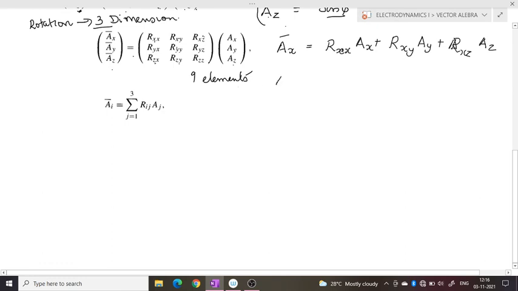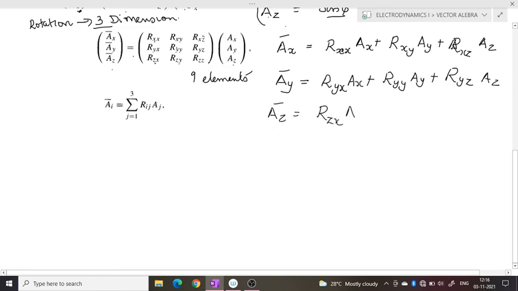Similarly, the transformation of Ay dash is equal to Ryx Ax plus Ryy Ay plus Ryz Az. And Az dash is equal to Rzx Ax plus Rzy Ay plus Rzz Az.